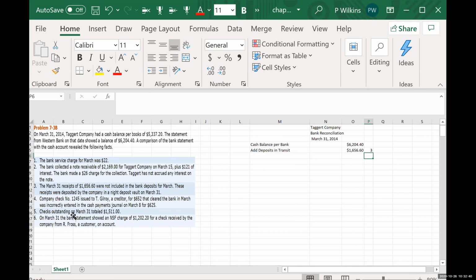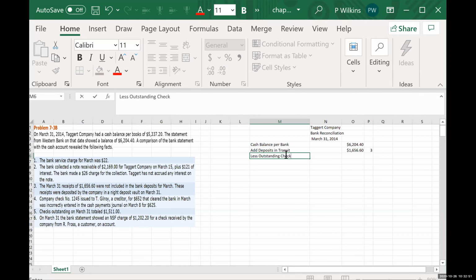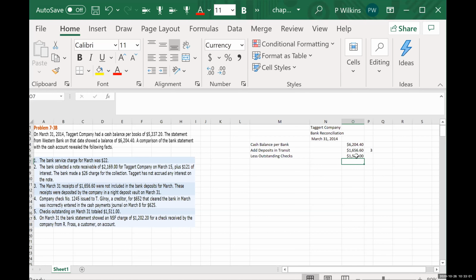Number 5, checks outstanding for March 31st total $1,511. So we're going to do less outstanding checks for $1,511. Okay, so that's number 5.